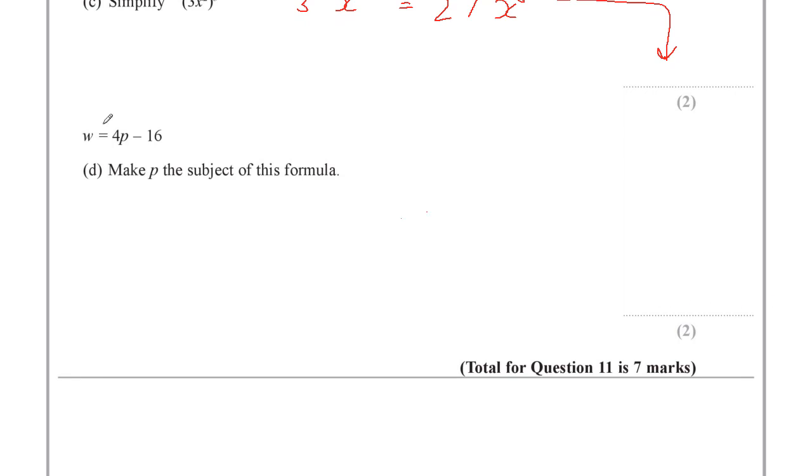One last bit. And this question. W equals 4p minus 16. Make p the subject of the formula. So a bit of transposition. Right, we're going to add 16 to both sides. Get rid of that 16.